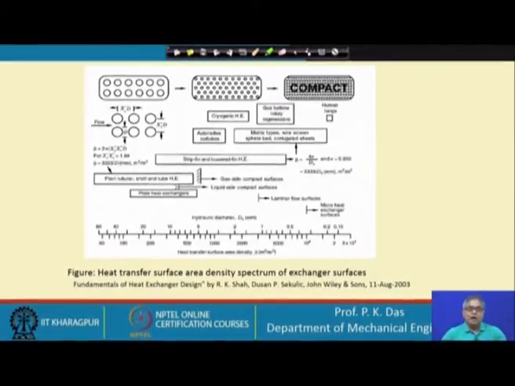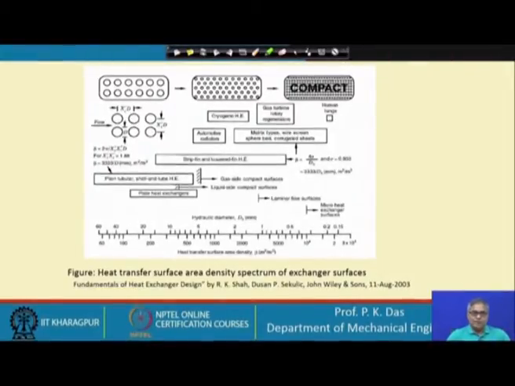So, you see this is a very important aspect, and one needs to understand that if we improve the compactness of the heat exchanger, the heat transfer increases enormously, and within a small volume we can transfer more heat.